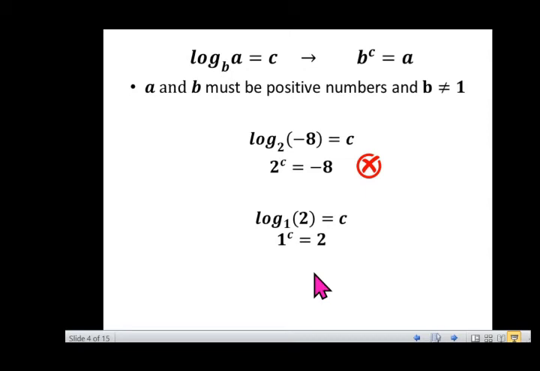Think again of a number that we can replace for your variable c so that when we raise 1 to c, the answer would be equal to 2. Again, we cannot think of any number to replace c so that our answer is equal to 2. Therefore, a and b must be positive numbers and b must not be equal to 1.